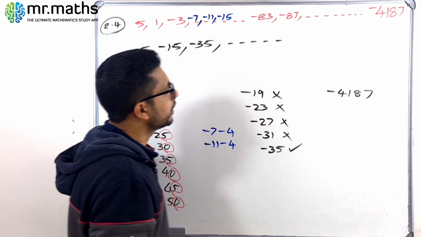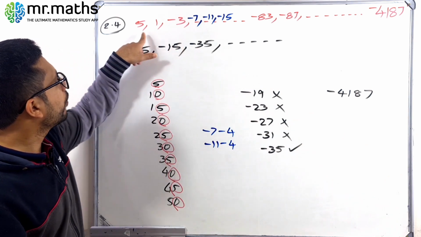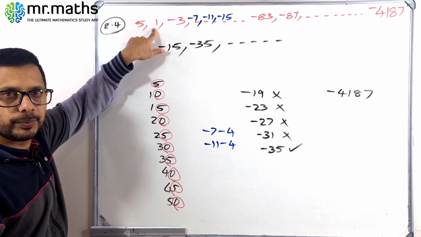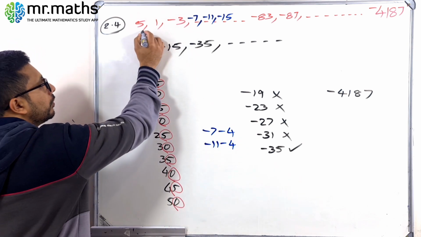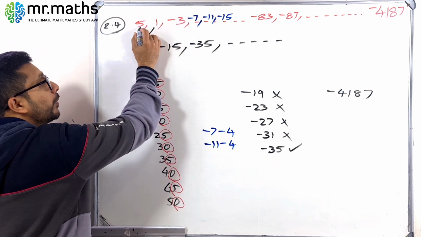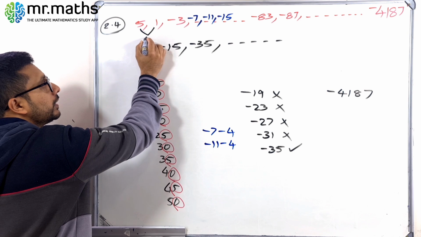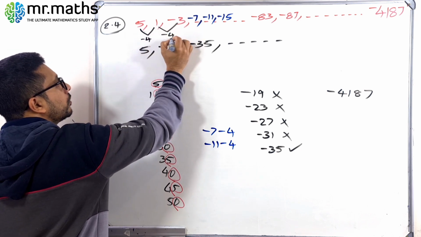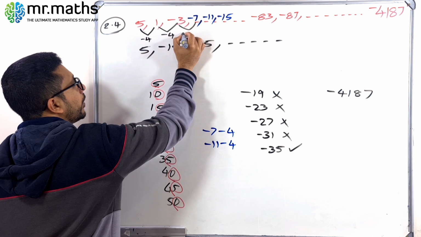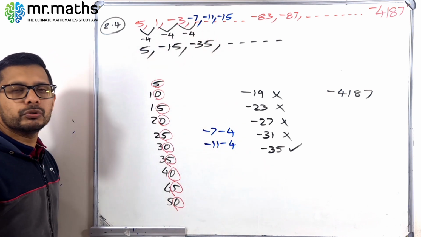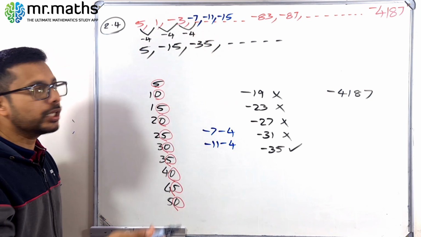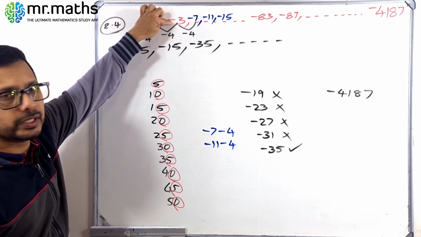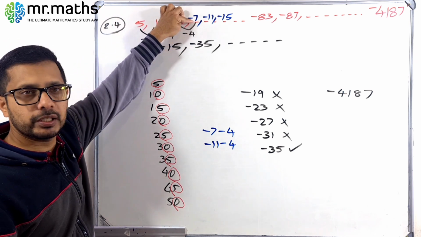Look at this one, guys. So here, how do you get this one? 5 minus 4, that is 1, am I right? Okay, then 1 minus 4, minus 3, minus 3 minus 4, that is how you are getting the next term. Okay, so 5 minus 4 is 1, 1 minus 4 is minus 3, minus 3 minus 4 is minus 7.